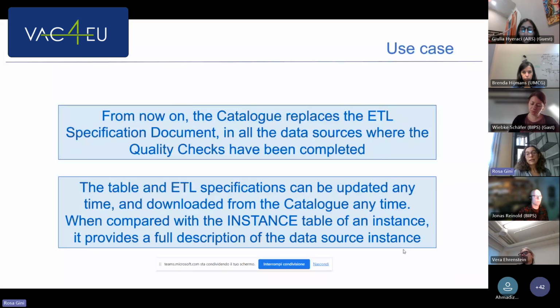The reason is that the table and ETL specifications can be updated anytime, and Julia will show you how this can be done, and downloaded from the catalog anytime. So whenever there is a need for an update, the DAP can do it, and any user can download it, and otherwise you can download the current version and be confident that it is updated.